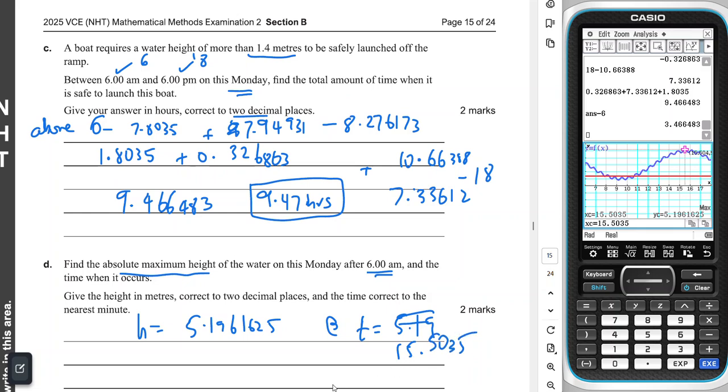So the maximum height, to two decimal places, is 5.20 metres at 15, and we rounded to the nearest minute. So that's 15 hours 30 minutes. So at 3:30 p.m. should be the time.